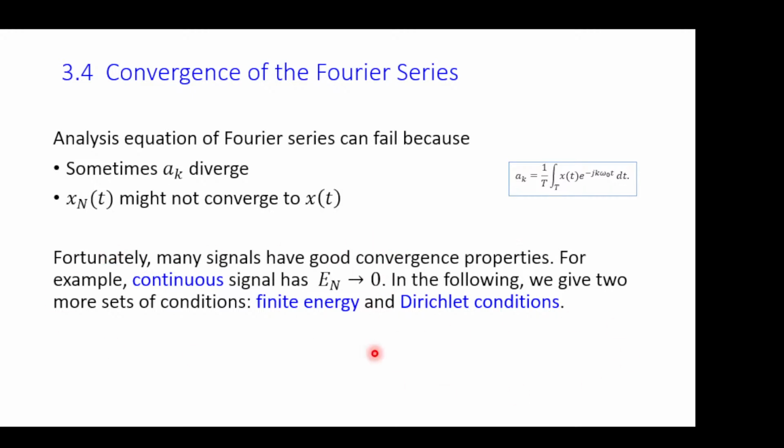The proofs of those are pretty technical, and this is not a too mathematical course, so in this section we will skip all the proofs and just state the results. The first result is that if our signal x(t) is continuous, then we'll have E_n go to 0 as n goes to infinity. We'll also give two more sets of conditions that have E_n go to 0.